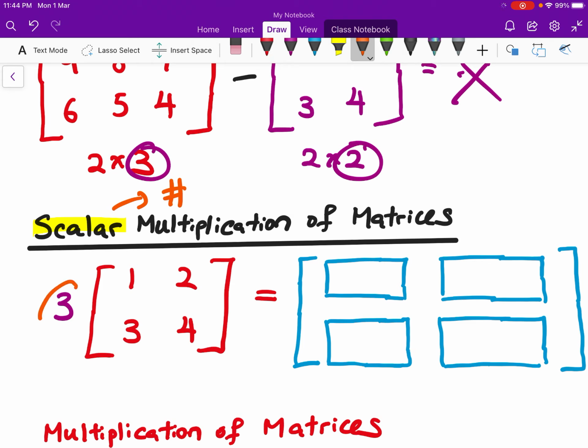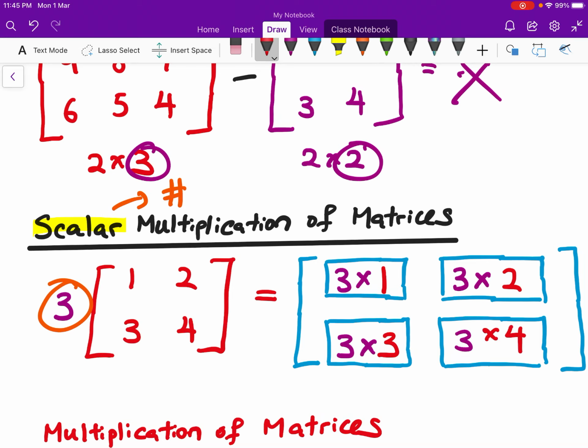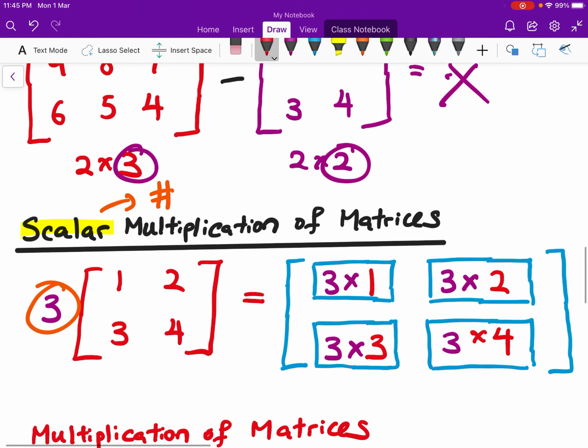For example, 3 is a scalar, so I just multiply accordingly. 3 times 1, then the second element is 3 times 2, the third element is 3 times 3, and last but not least, 3 times 4. So this is one example of scalar multiplication.